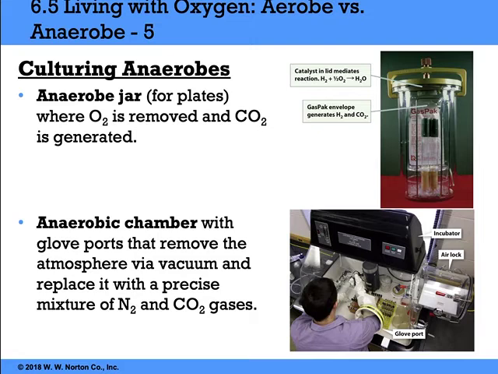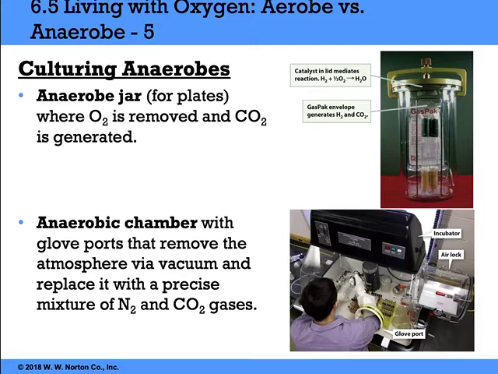So the anaerobe jar shown here lets plates be inoculated. Once in the jar, we add water to the gas pack, and the top is sealed shut. Hydrogen and carbon dioxide come from the foil packet, and the hydrogen reacts with the oxygen in the chamber and makes water and removes free oxygen from the chamber.